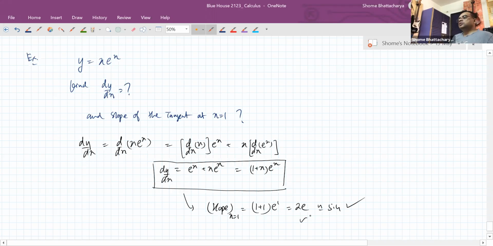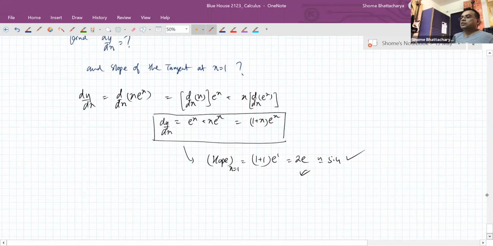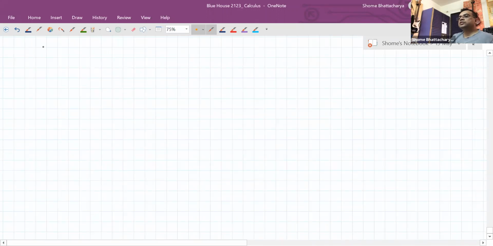We can just leave the answer as 2e itself, or we can take the approximate value of e as 2.7 and get the numerical answer as 5.4. So these are examples of the product rule. Now, similarly, another rule we have in differentiation is the quotient rule.